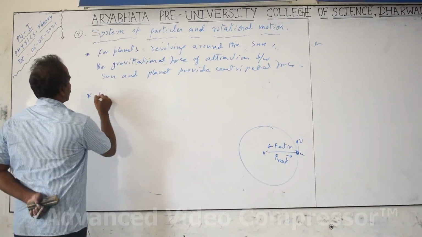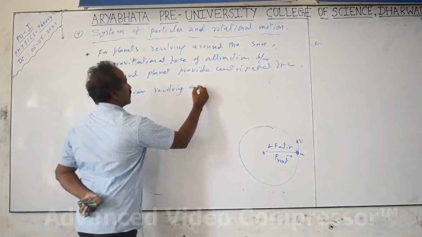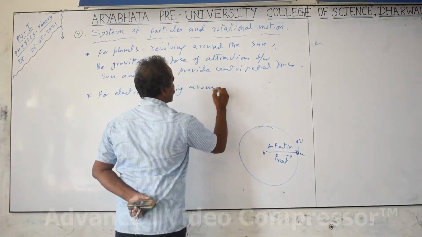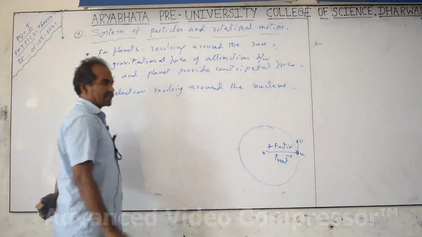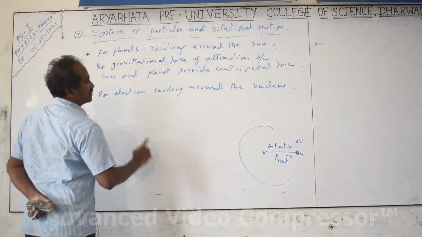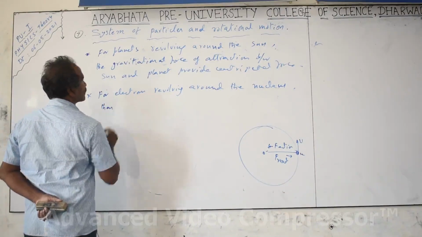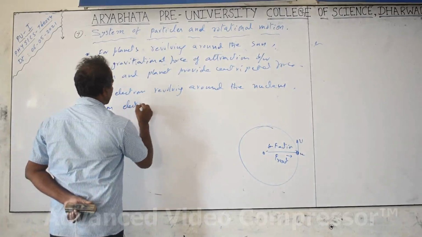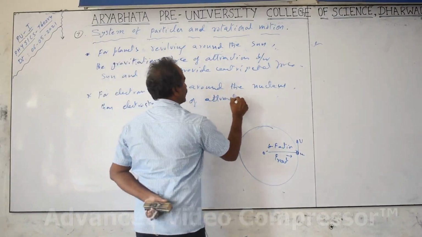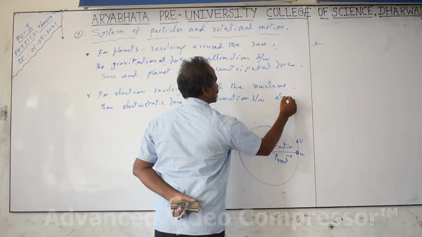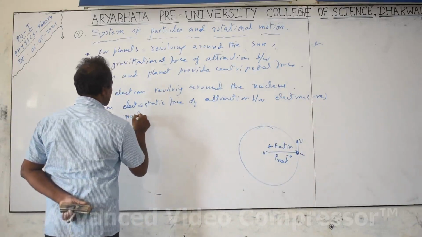And for electrons revolving around the nucleus in a circular path, or even an elliptical or curved path, but here generally we talk about circular motion, the electrostatic force of attraction between electrons, that is negative charge, and the nucleus provides the centripetal force. The nucleus has protons and neutrons.